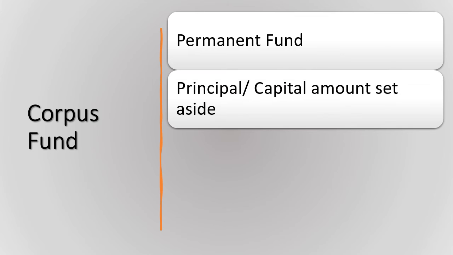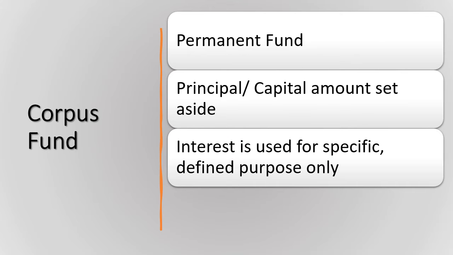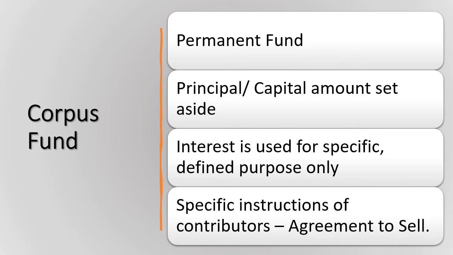The next thing we are going to take up is the Maintenance Deposit Corpus Fund. So by definition, a corpus is a permanent capital fund. The principal amount of this fund is protected and it is not to be used. Only the interest of the corpus can be used for designated and defined purposes only. These specific expenses are to be defined and specified by the contributors.